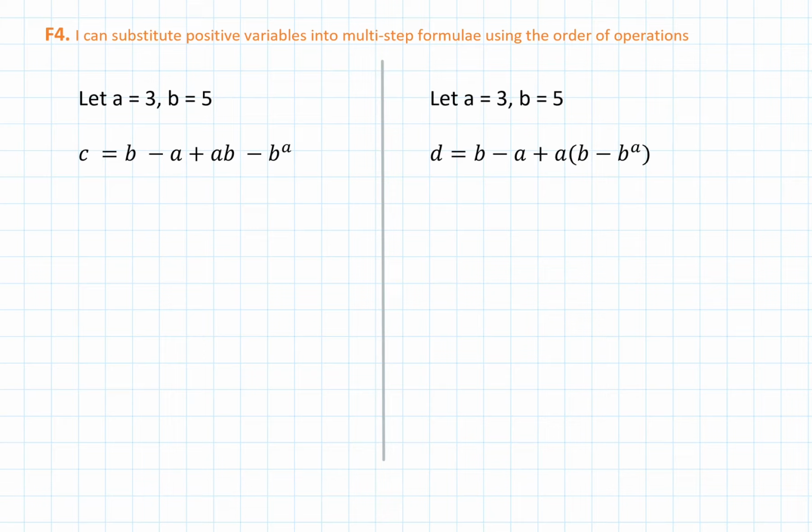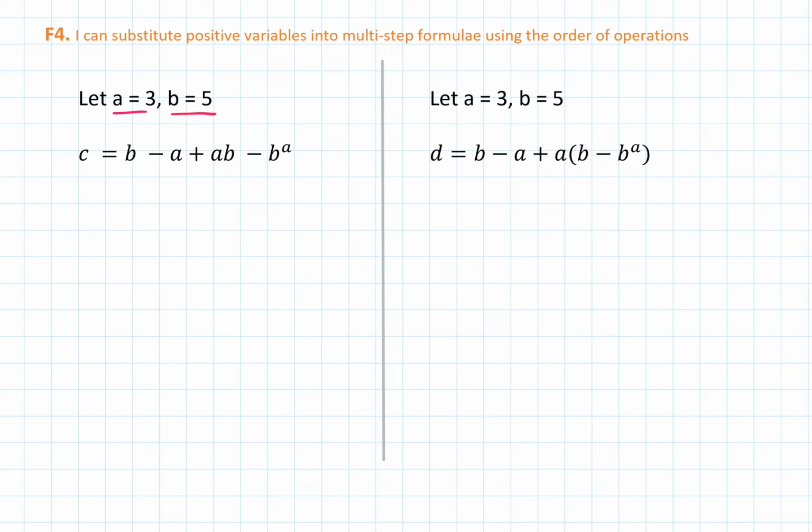Moving on to some more complicated examples, where you will have to substitute the value of A and B multiple times in your formula. So for example, C equals B minus A plus AB minus B to the power A. You can see that both A and B occur multiple times in your formula, but that's not an issue at all.